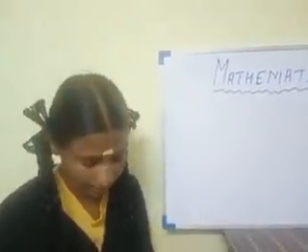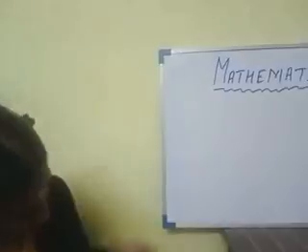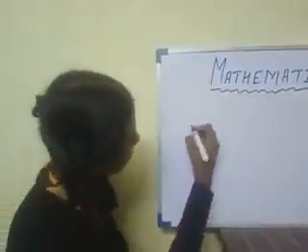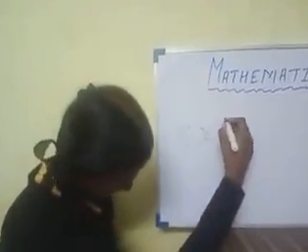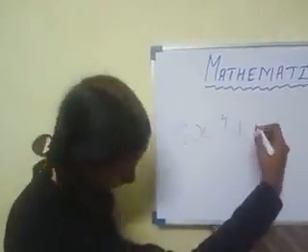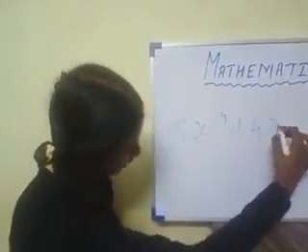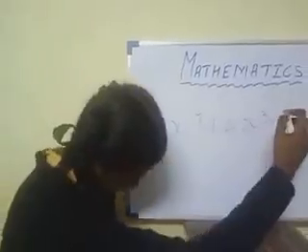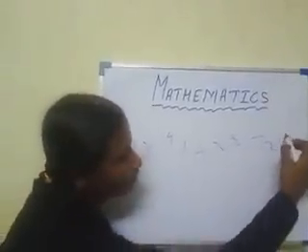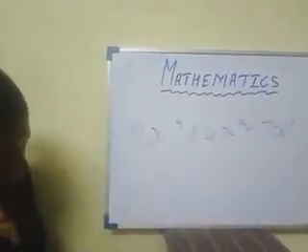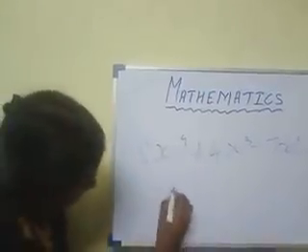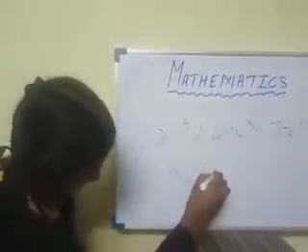Let's see one example: 8x to the power 4 plus 4x cube minus 7x square minus 9x plus 6.